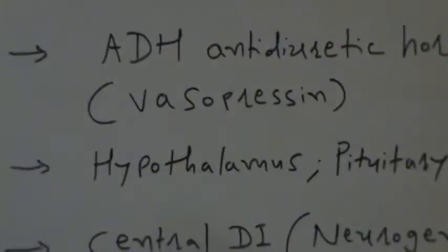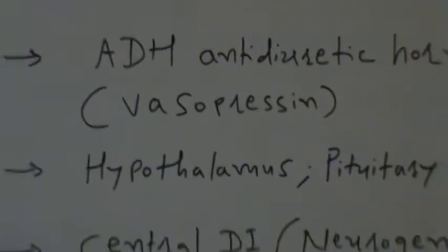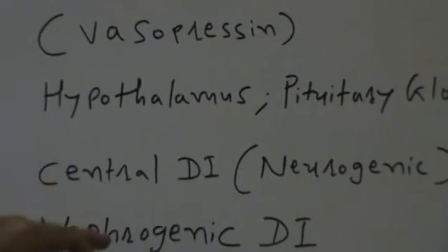As far as the causes of nephrogenic DI, it could be because of certain drugs such as lithium, or a genetic problem, or a high level of calcium in the body called hypercalcemia, or a kidney disease such as polycystic kidney disease. So these are the causes of nephrogenic and central DI.